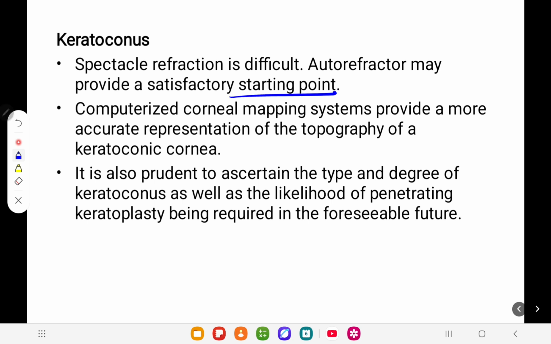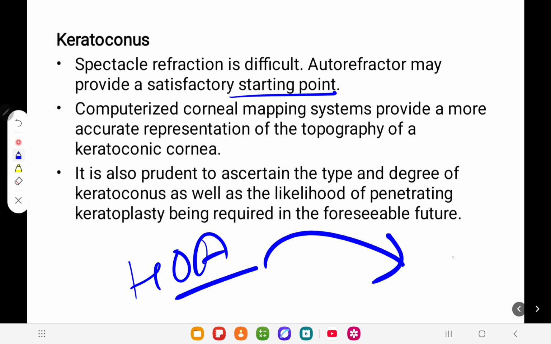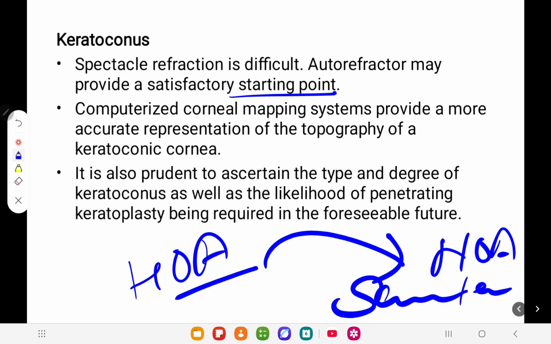The auto refractor also gave wrong values, but yes, you have to incorporate topographic values of astigmatism in conjunction with subjective refraction and objective refraction. It's very important. So it's prudent to ascertain the type and degree of keratoconus. We must know these things, and even for keratoconus, we have to know high order aberrations, both before and after scleral lens trial, which is another important aspect.